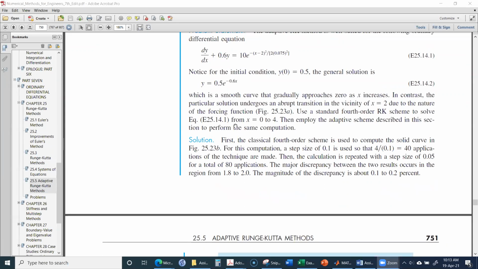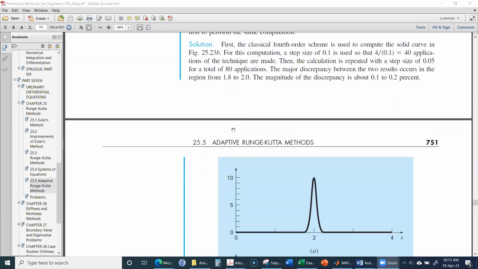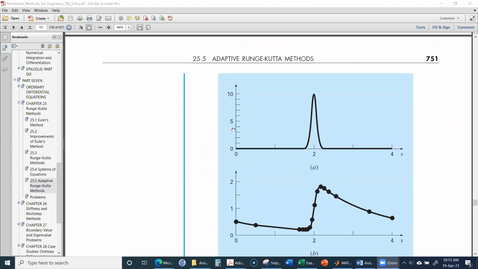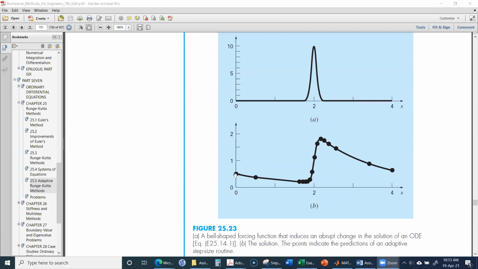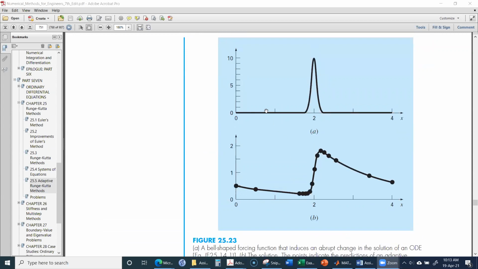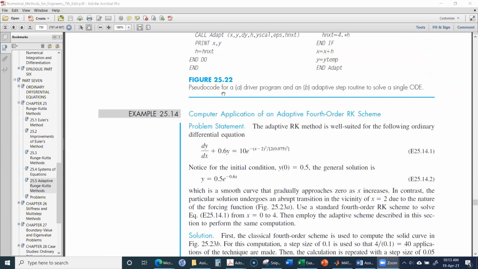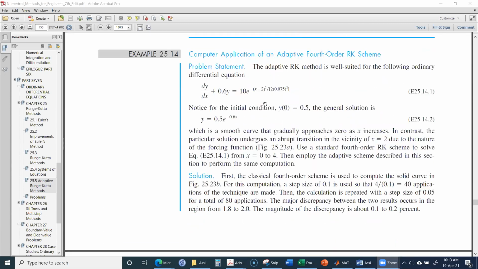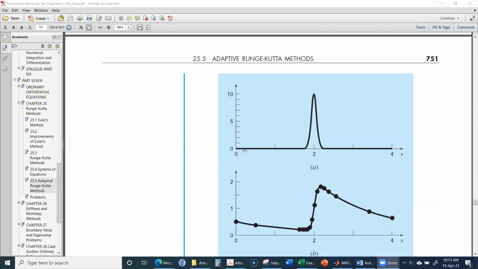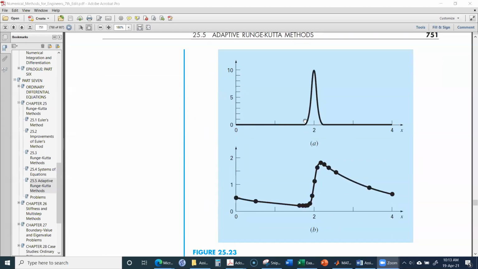However, if we want to find its numerical solution and plot it, the solution will be obtained like this. In the derivative form, this dy over dx equation will be in the form of a bell-shaped curve at a value of nearly 2.